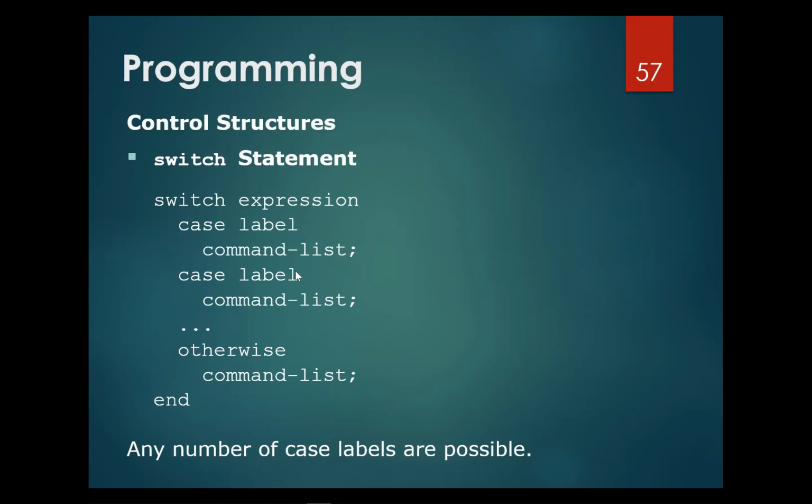Then you can go on to another case, and you can use this for a grading system or to test multiple conditions, just like the if. So if mark is, let's say, greater than or equal to 80, then we can say the grade is equal to A. Case, another case.